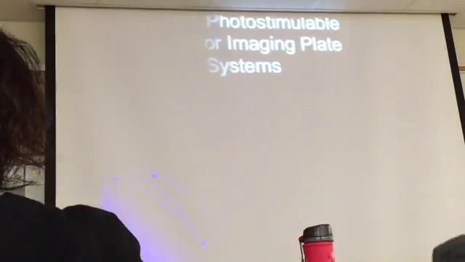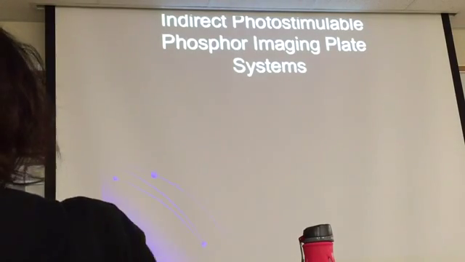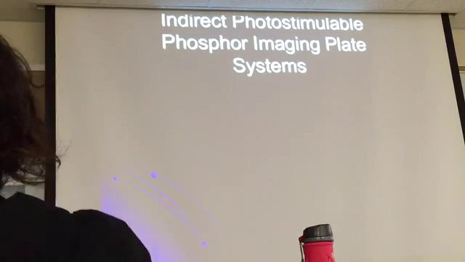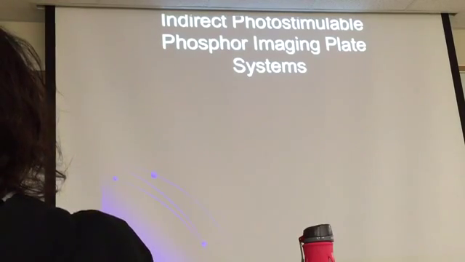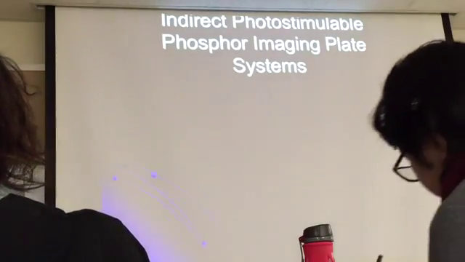The first type of digital systems that came around, that's what they are called, indirect photostimulable phosphor imaging plate systems, right? Or CR, computerized radiography.